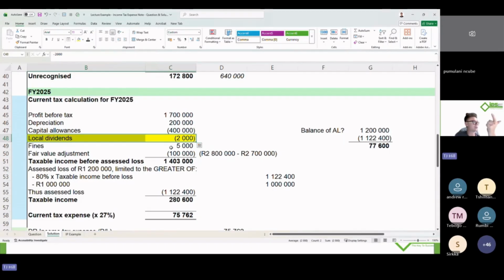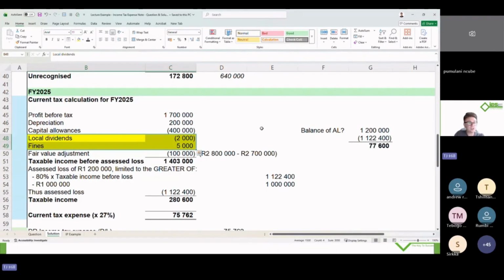It's always different between the two. With fines, it is the same. You will never get the deduction, not today and not tomorrow. So today, in current tax, you need to adjust it out, and you're not going to account for it under deferred tax either. There's no deferred tax here. It will be so forever. Do you see that on those two?